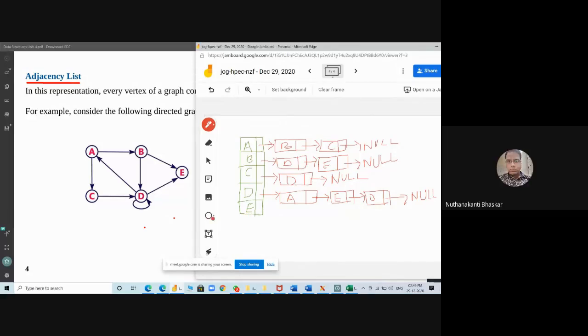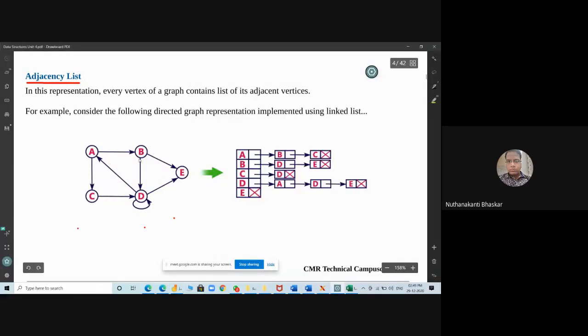Now from E, tell me what are the adjacent nodes? Null. No node is there for adjacent of this node. That's why it is pointing to null. Understand? This is adjacency list with help of linked list representation. With help of single linked list, we represented adjacency list.